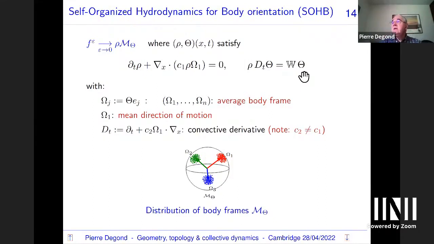In rigid body dynamics, everything is encoded into the angular velocity vector, and any point in the solid body, its velocity is computed by a vector product of the angular velocity and the distance to the center of mass, right? So there is this vector product, but the vector product generates an antisymmetric matrix. So if you write rigid body dynamics in terms of matrices, you have exactly the same structure of a time derivative of the frame is antisymmetric matrix times this frame itself, right? So the structure of this equation is nothing but rigid body dynamics.